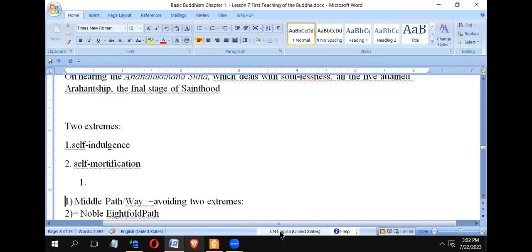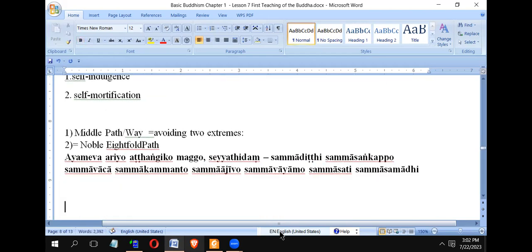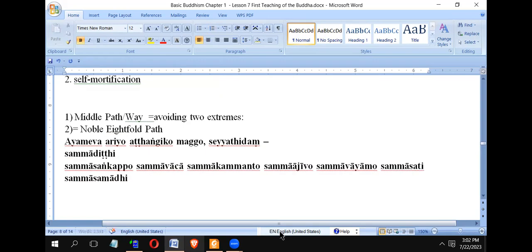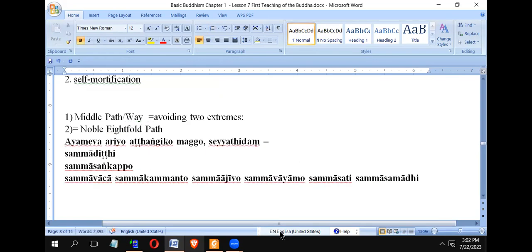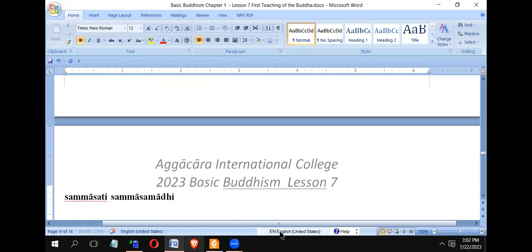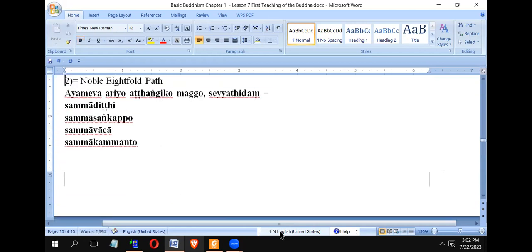Right. Now, about this middle path, the Noble Eightfold Path. Now, in the Pali: ayameva ariyo atthangiko maggo, seyyathidam, samma ditthi, samma sankappo, samma vaca, samma kammanto, samma ajivo, samma vayamo, samma sati, and samma samadhi.